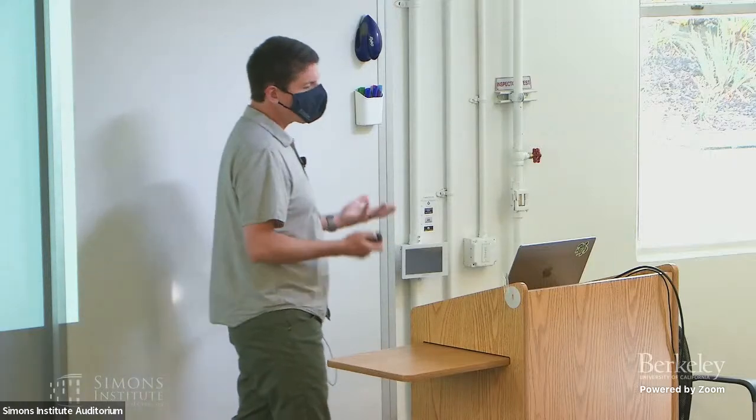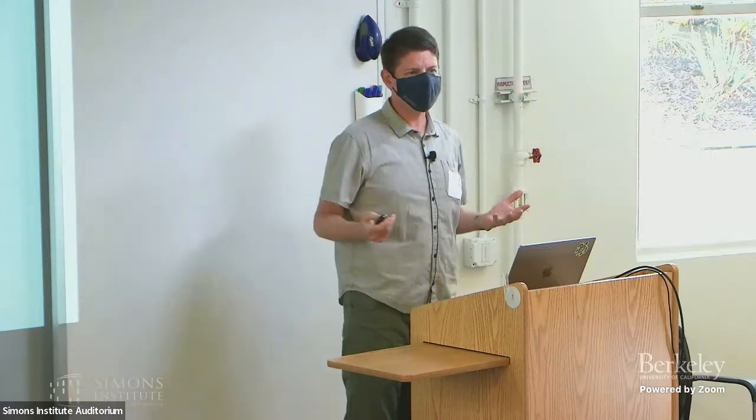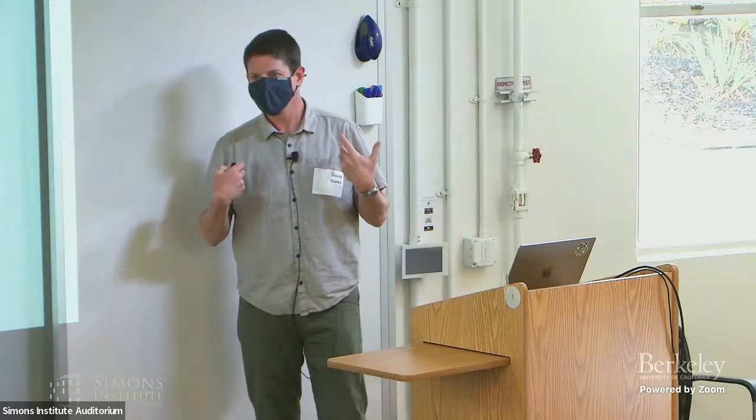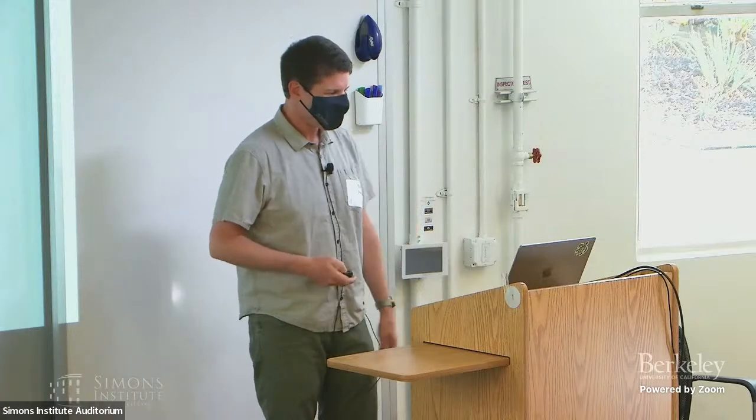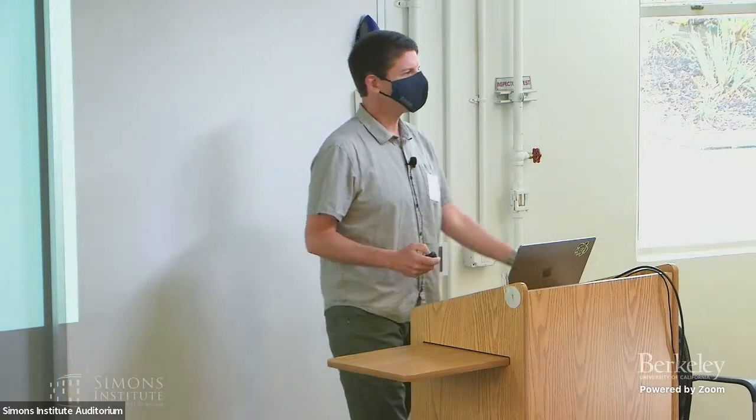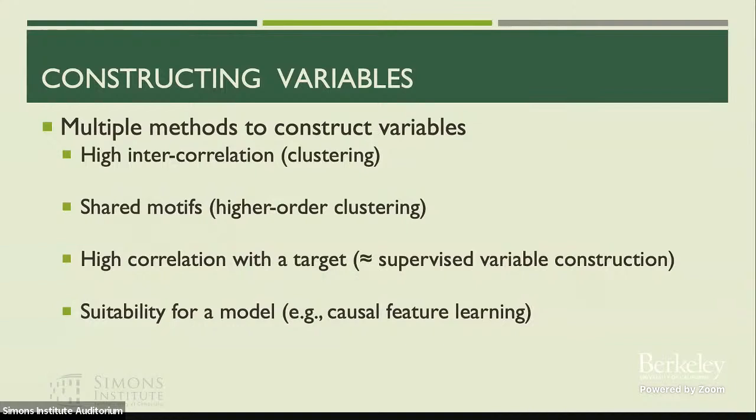So we've got these four different classes of methods. There are going to be ones that don't exactly fit or are hybrids, but early on a Tuesday, I'm not going to bother with trying to get to those details. This is a high-level way of thinking about it.